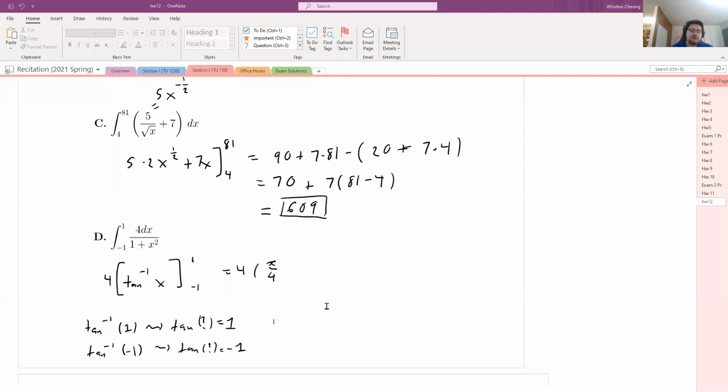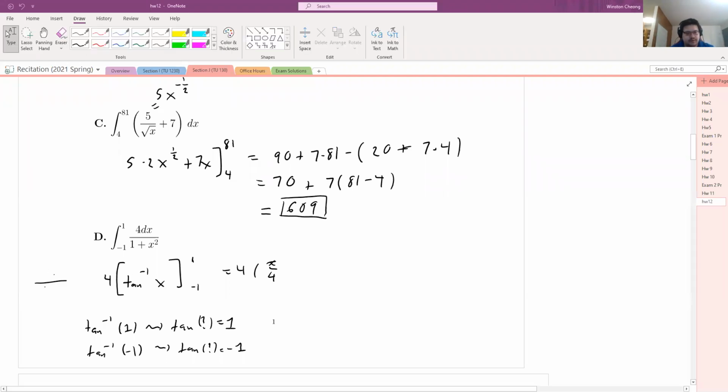Okay. So yeah, it involves knowing what part of the tangent function we take in order to define the inverse tangent function, the arctangent function. And that's just these two quadrants, the first and the fourth.